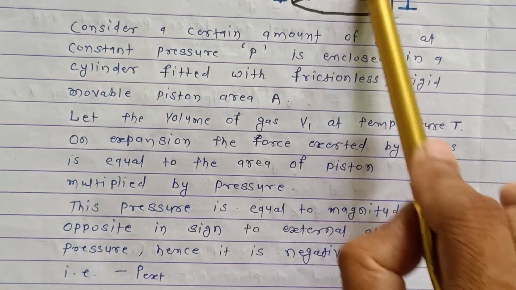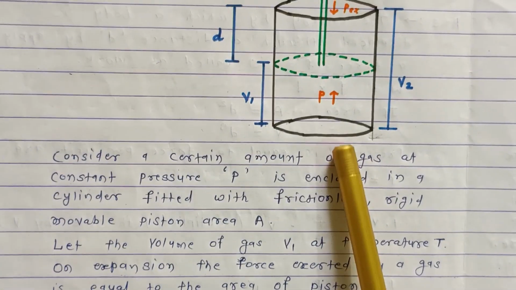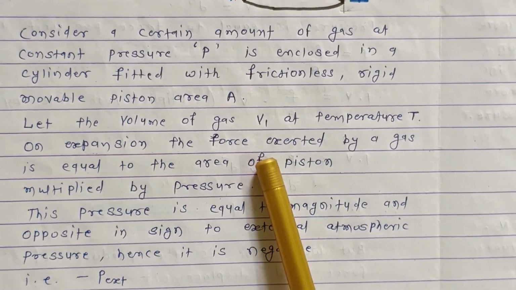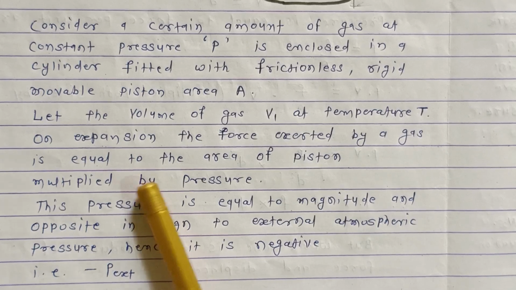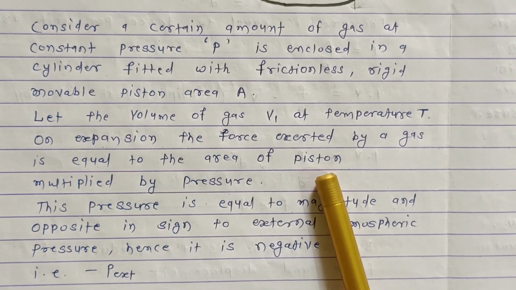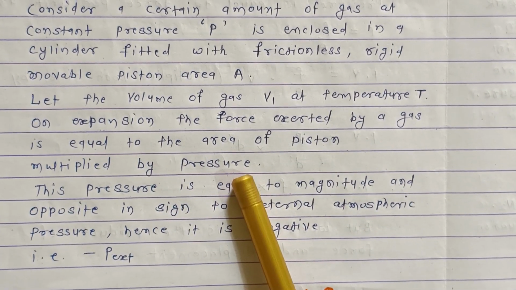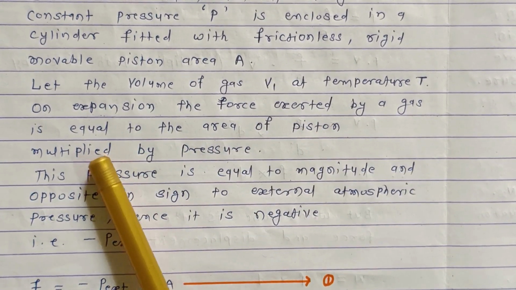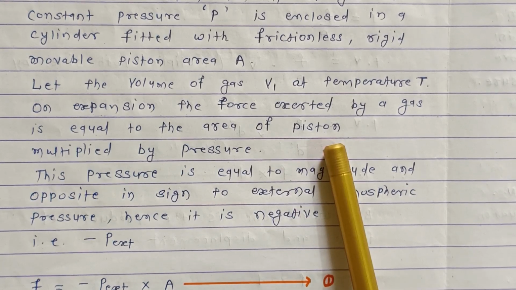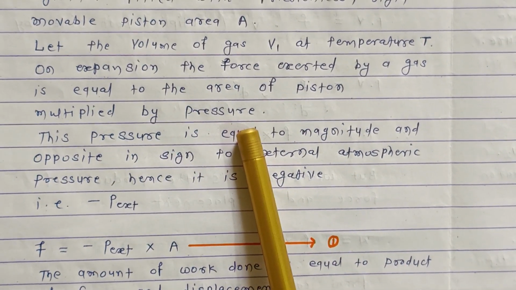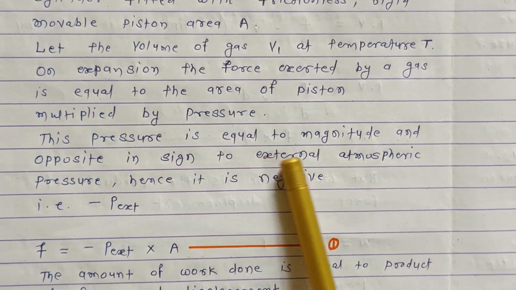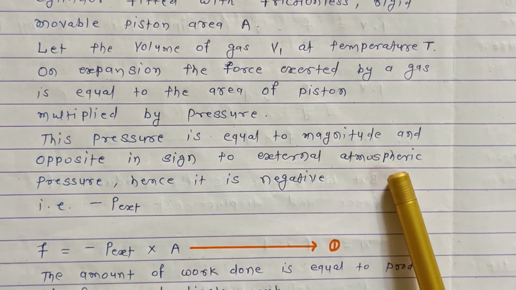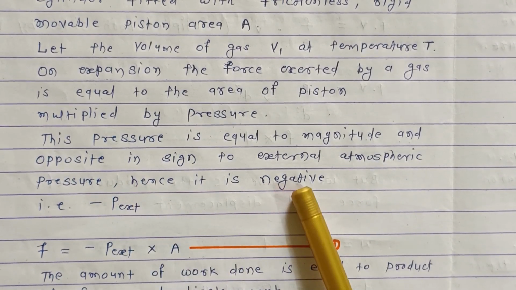Whenever the gas in the cylinder is allowed to expand, there is a force exerted by the gas equal to the area of the piston multiplied by the pressure. Clear? The pressure is equal in magnitude and opposite in sign to the external atmospheric pressure, hence it is negative.